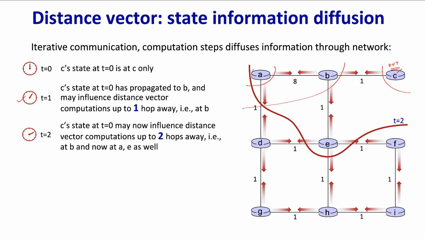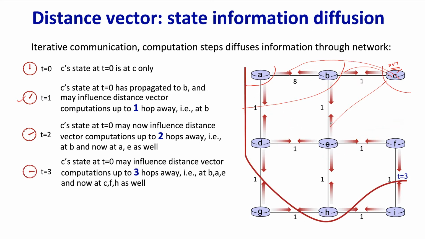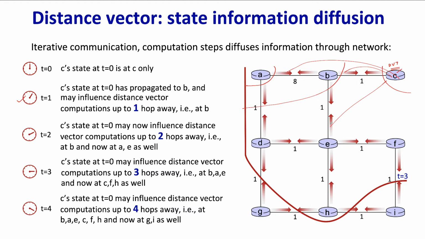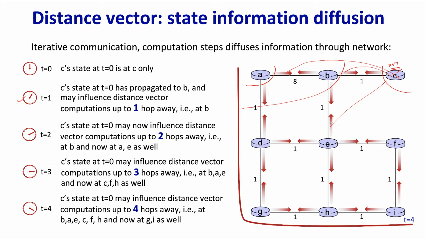Therefore, you can see now A and E are going to be connected, because I can reach this one and this one and this one, so I have visibility to all of these routers, right? At T3, you can see the convergence is even greater. The last thing is that you have full visibility of your network, okay?